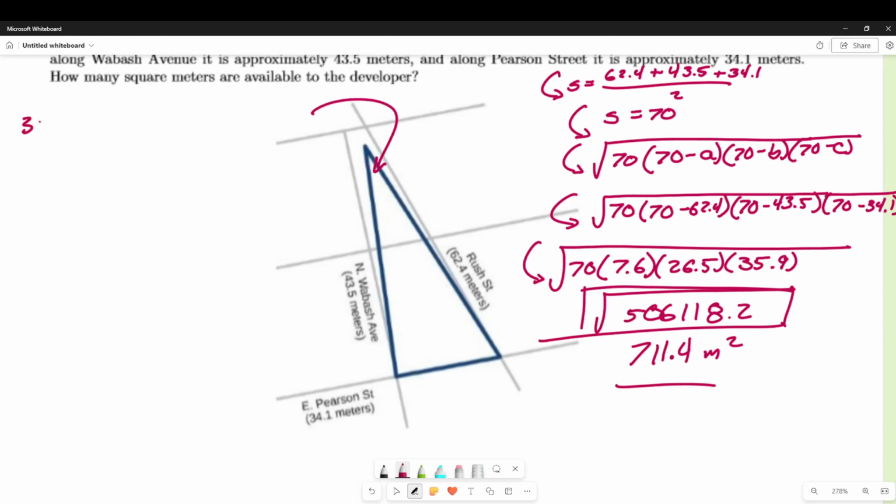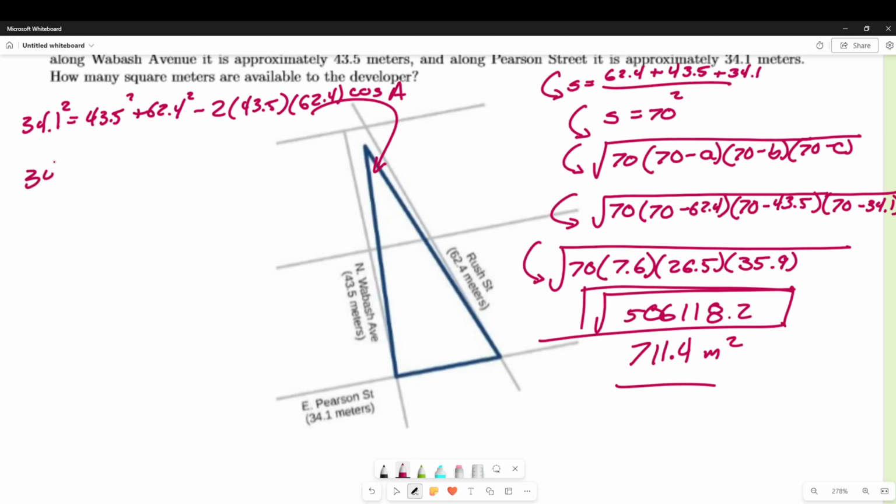So then the 34.1 squared would have to equal the 43.5 squared plus the 62.4 squared minus the 2 times the 43.5 times the 62.4 times the cosine of whatever this angle is going to end up being.